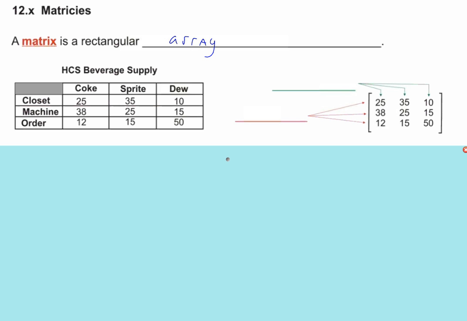All right, so every matrix is made up of rows, and of course these are the rows. And then columns. Now, some of you, for some reason, can never keep straight what a row is and what a column is. I can't help you there.